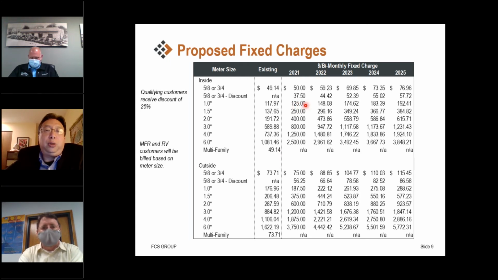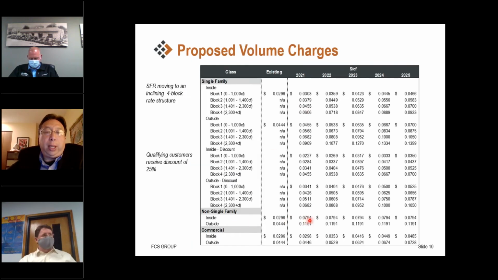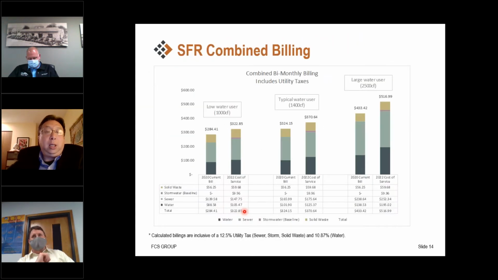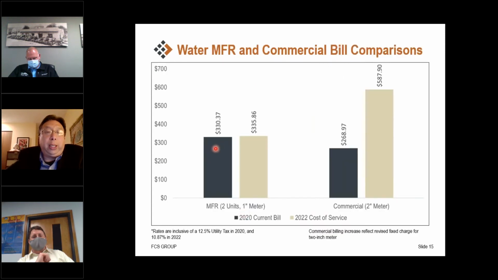Again, this is over 2 months, but then their volumetric charge here for the non-single family customer, if I'm looking at this, yes, their billing here would increase as well. So what we're showing here is for this customer, excuse me, one more slide. Their billing here would reflect for this hypothetical customer whatever water usage we use to calculate their billing.